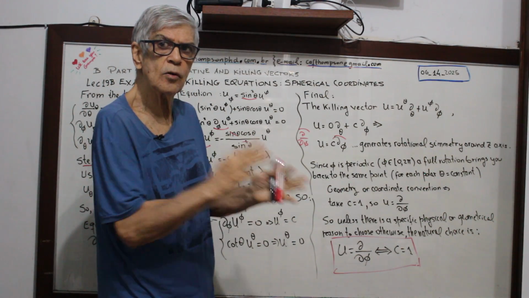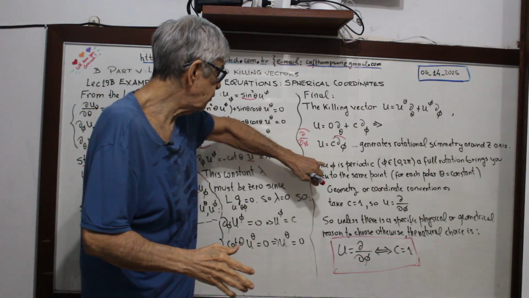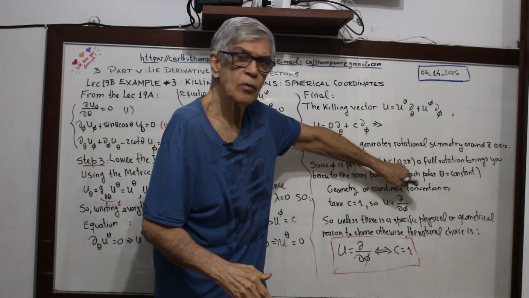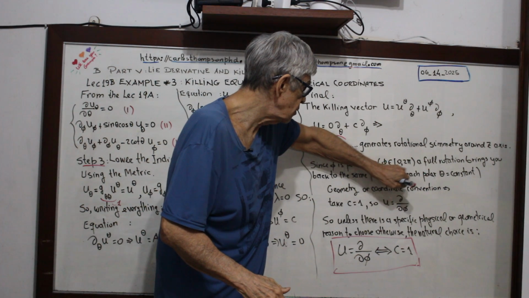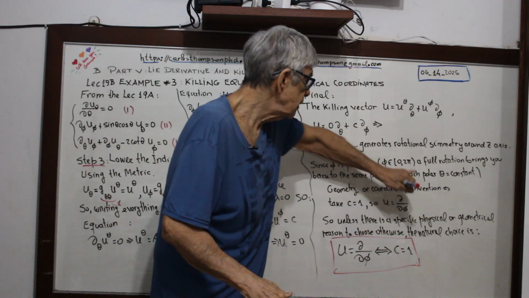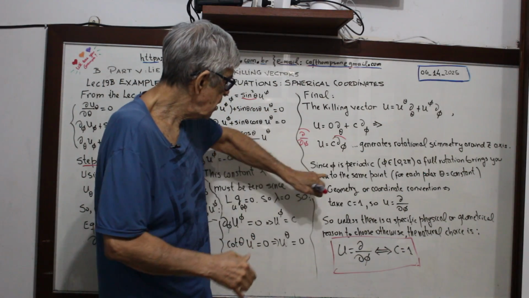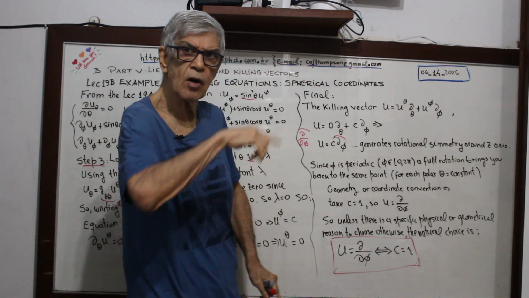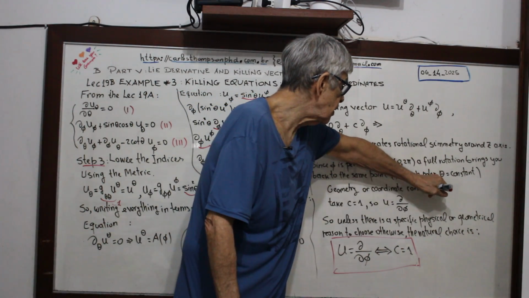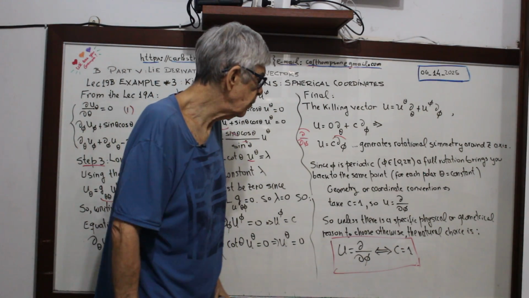Since phi is periodic, it belongs to an interval between 0 and 2 pi. That's a full rotation, which brings you back to the same point, because it's periodic. So for each polar theta constant, again, theta is the polar coordinate.